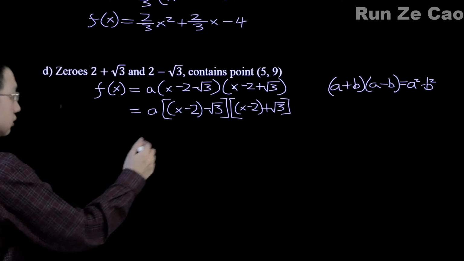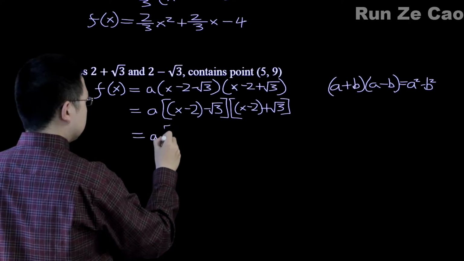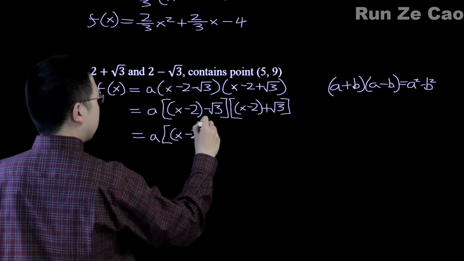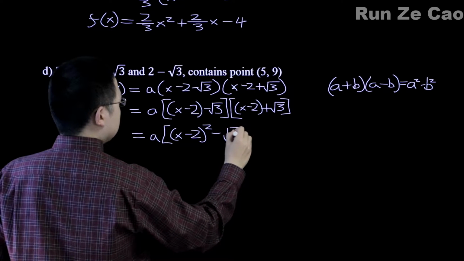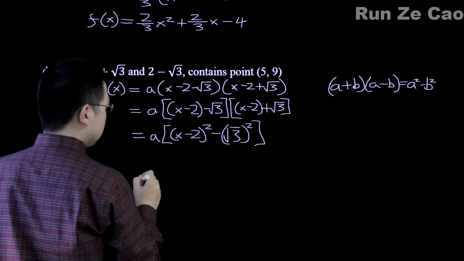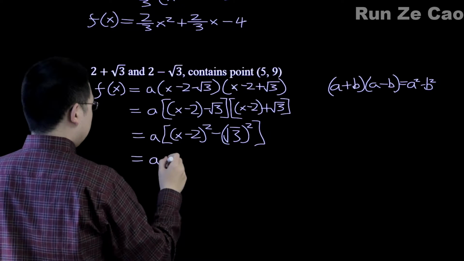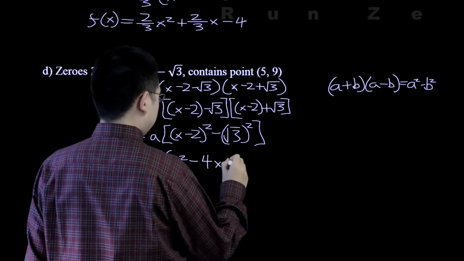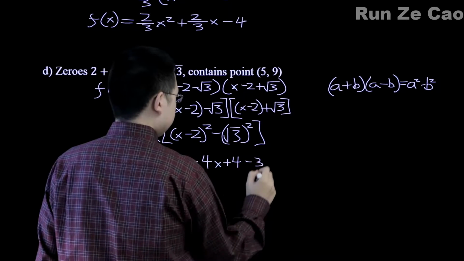So what do we have here? We have (x - 2) squared minus root 3 squared, which gives us a times (x squared plus 4 minus 3).